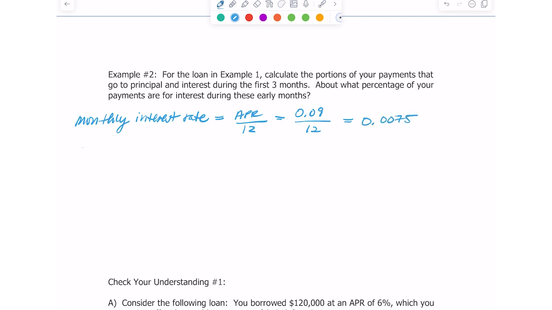Okay, so what would be the interest due at the end of the first month? I'm just going to take the 0.0075 and multiply it by, if you remember, the loan was $30,000. So that comes out to $225.